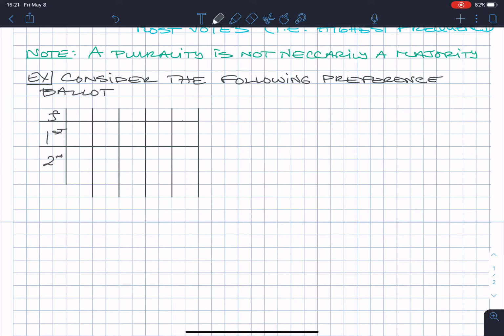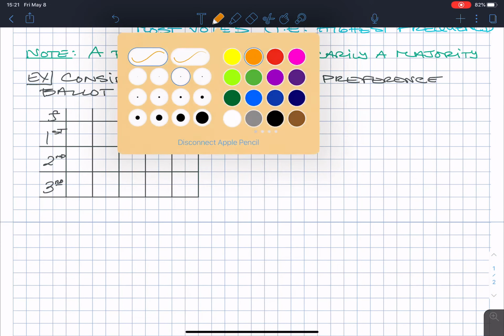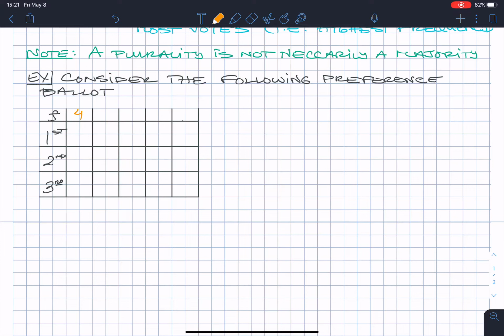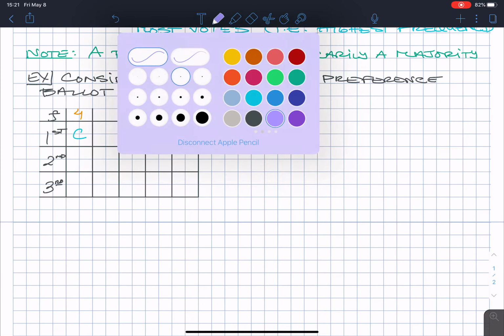So second, and third. Okay, let's have a frequency of 4 for the order cats, dogs, rabbits.